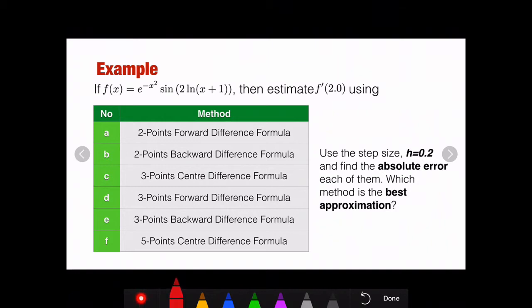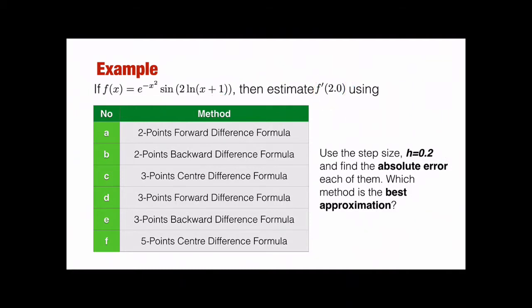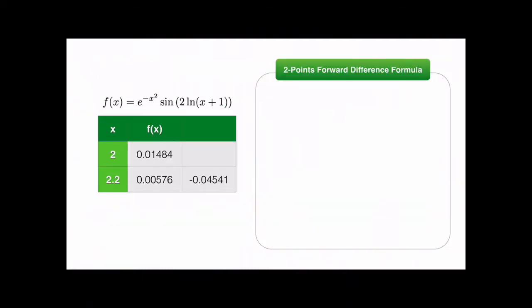So you have your f(x), you want to find the derivative value, meaning that this is your x equals 2. So we take for the first one the 2-point forward difference formula over here, and this is how I calculate the values.